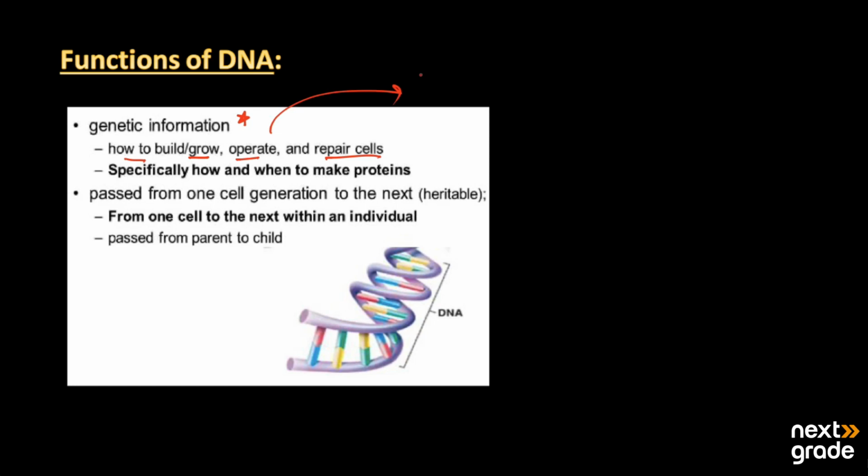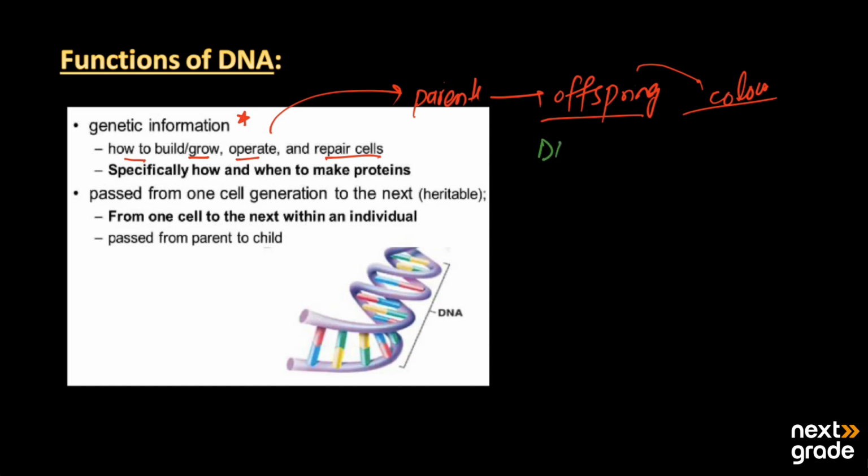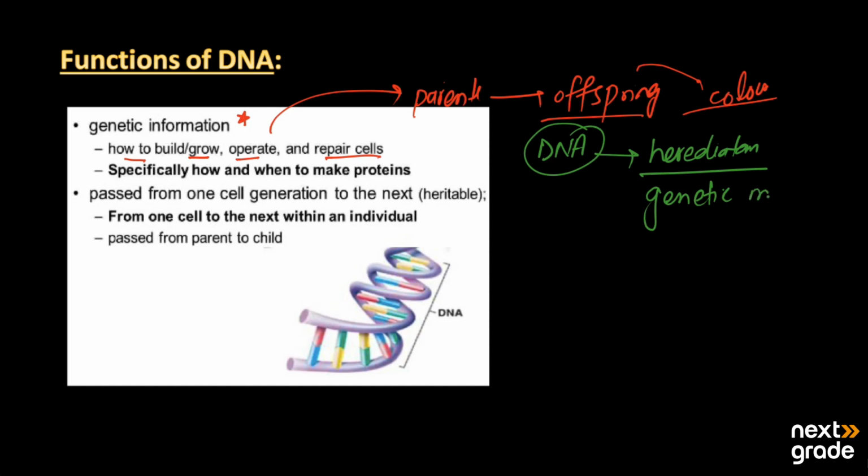It passes from one generation to another, from parents to their offspring: what will be the color, the physique, the height, all the information is passed from parents to offspring with the help of the DNA. That's why DNA is known as the hereditary material, or the genetic material, as it passes the genetic information from one generation to another.